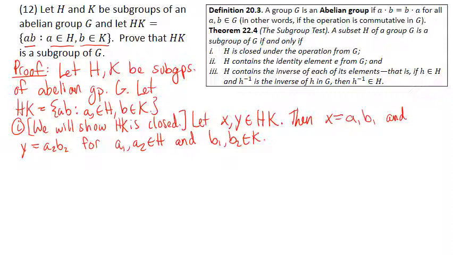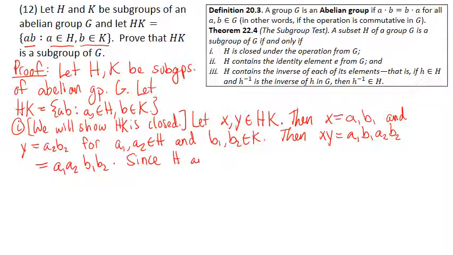Okay, so then what is XY going to be? XY would be A1 B1 A2 B2. And then since the group is abelian, I can rearrange this. So this will be A1 A2 B1 B2. Furthermore, since H and K are subgroups, they themselves are closed under multiplication.